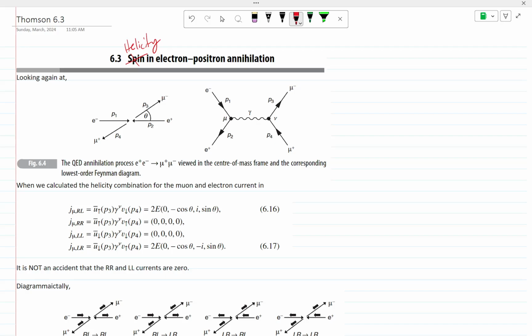Okay, and we'll introduce this process, where let's look at the Feynman diagram again, where you have an electron particle coming in and then a positron coming in. Since it's an antiparticle, we draw the momentum going into the vertex.